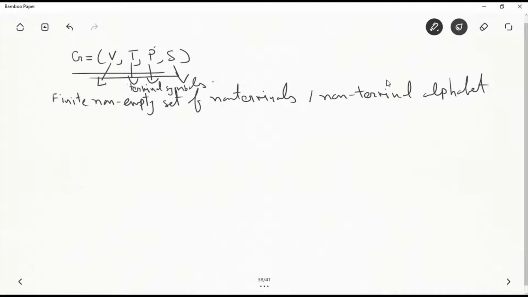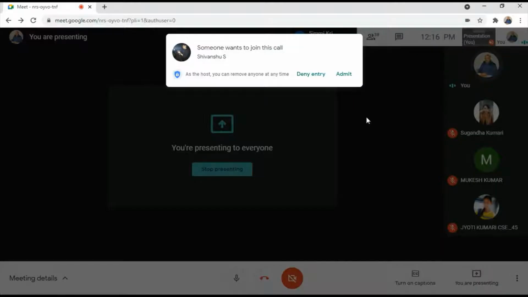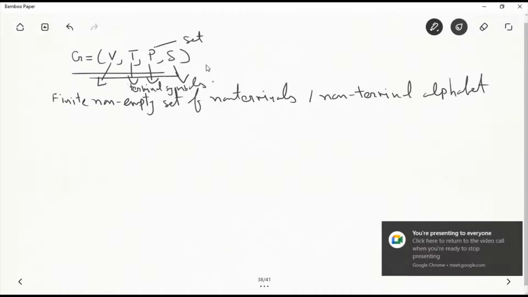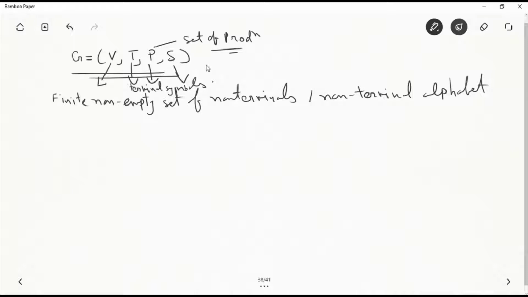P stands for set of productions, also known as production rules, or simply it is called rules. Okay. And S is what? Start symbol. So S belonging to V is the start symbol.